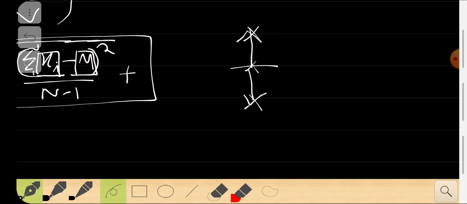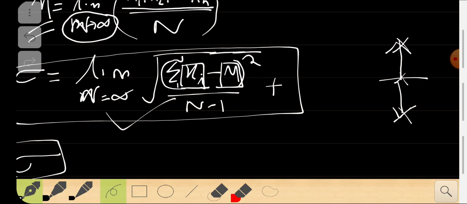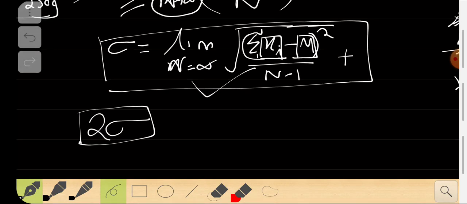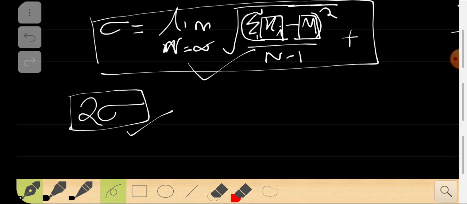Now you can use this equation and find this value of deviation sigma, and you see that the deviation is from the center mean value to this value. Also there is a sigma here, so 2 sigma can clearly depict the depth of uncertainty in your measurement. So this is a statistical approach to handling uncertainty.